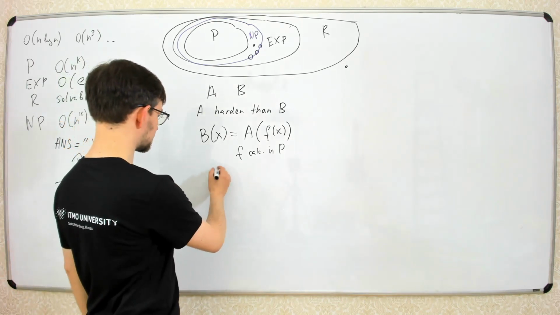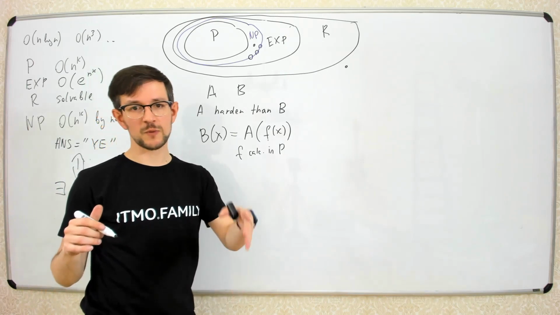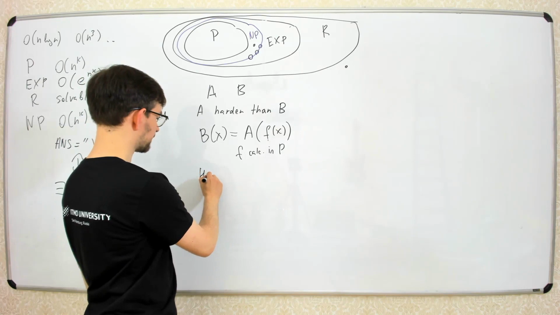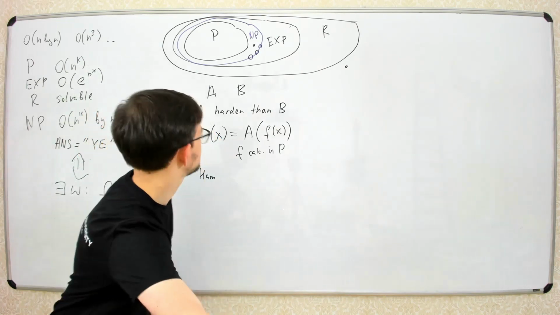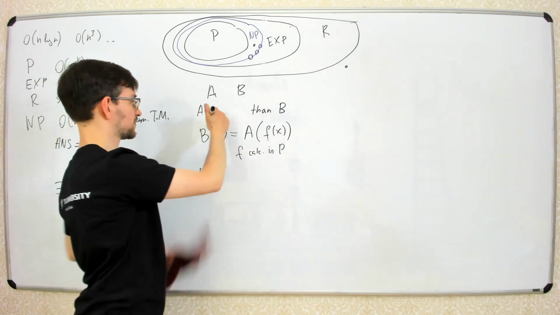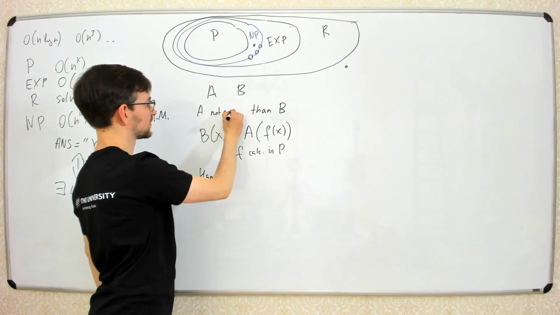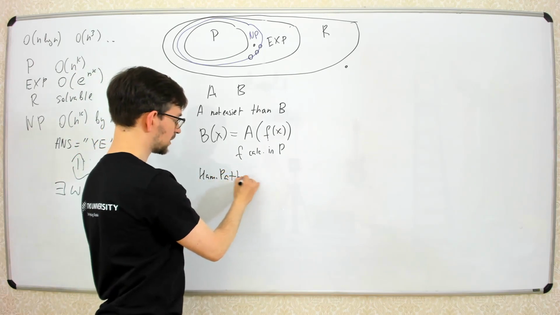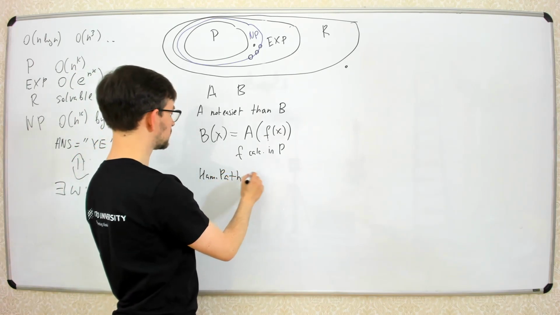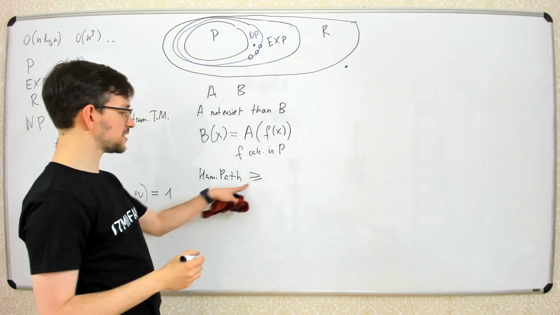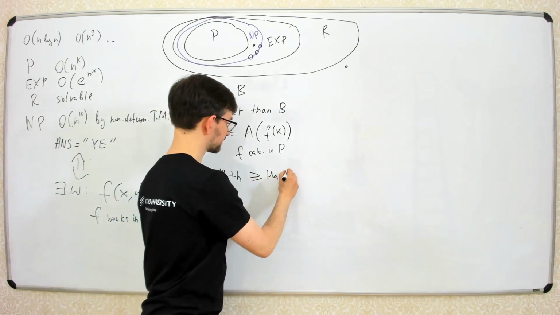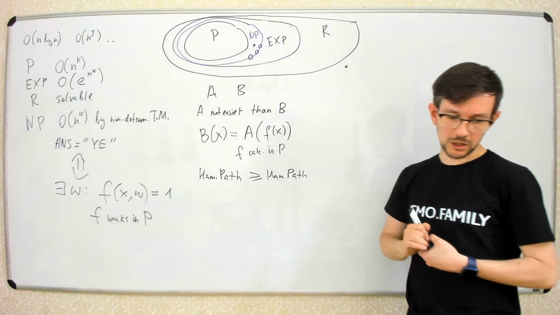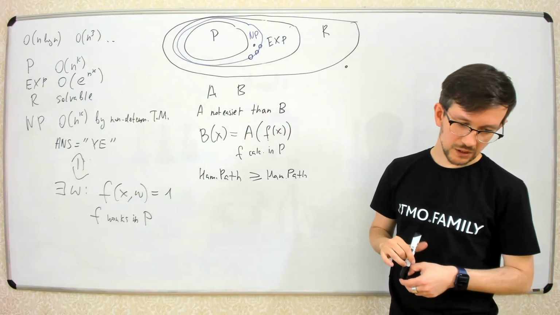So let's prove that finding a Hamiltonian path is not easier than finding a Hamiltonian cycle.